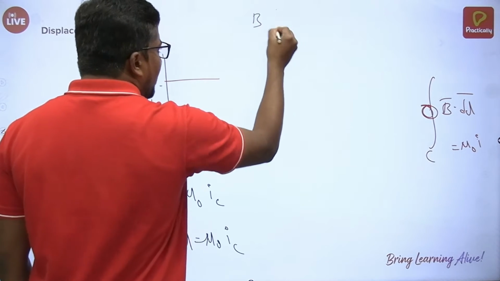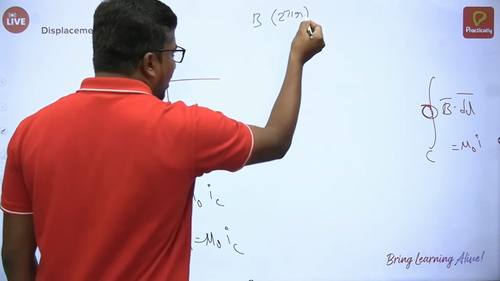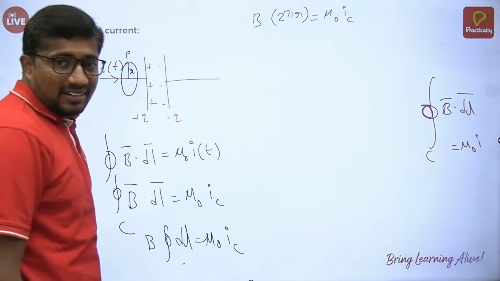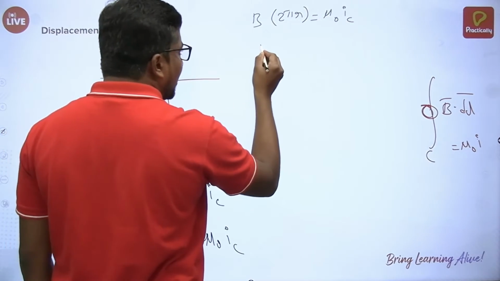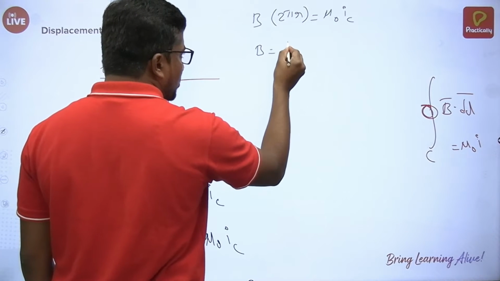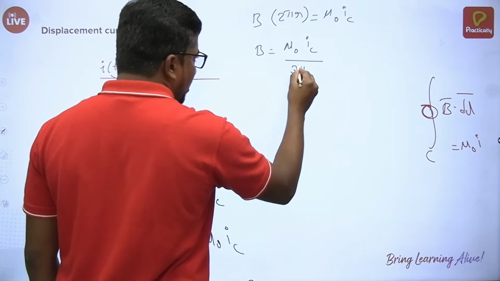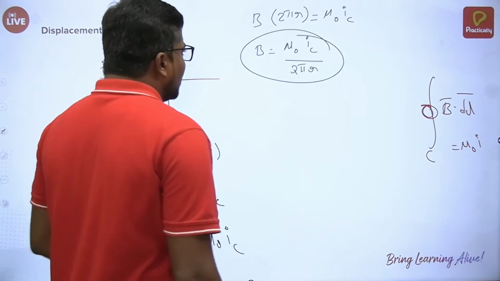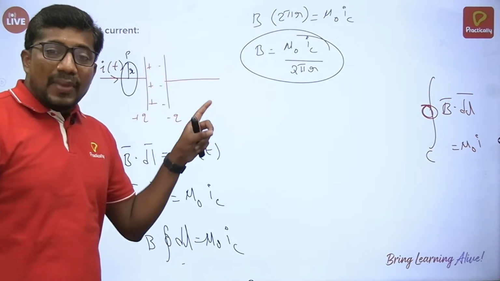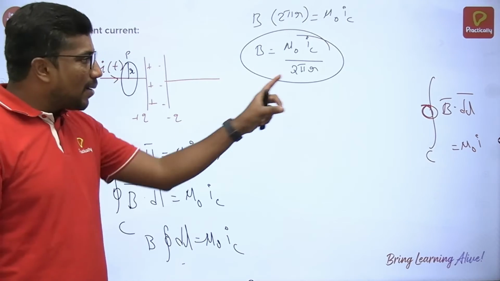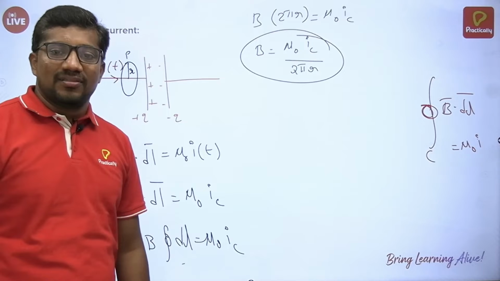Then B multiplied by 2 pi r is equal to mu naught into I c, so B is equal to mu naught I c by 2 pi r. That means a magnetic field is present at point P when applying Ampere's circuital law to this closed ring.